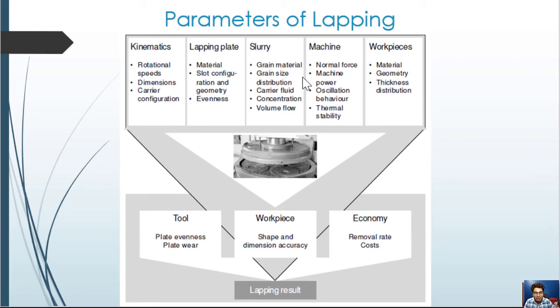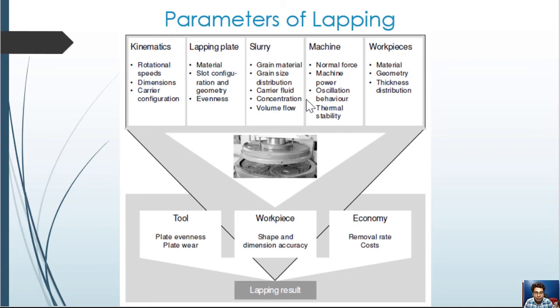The grain size, the distribution, the carrier fluid: the slurry obviously provides a higher fluidity to the plates, which results in better surface finish.